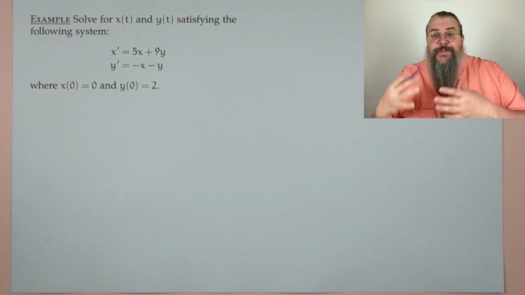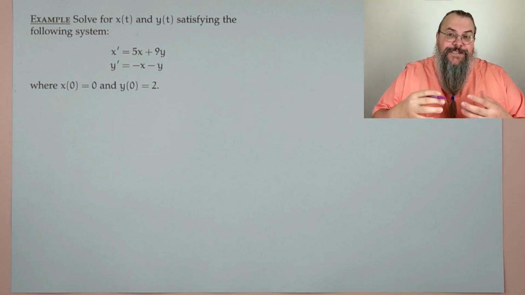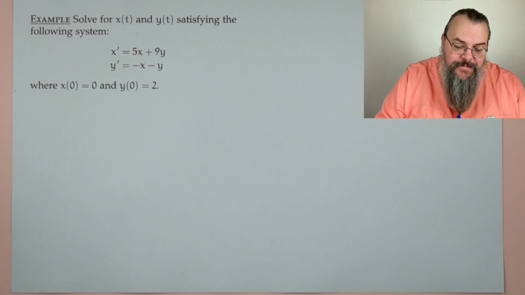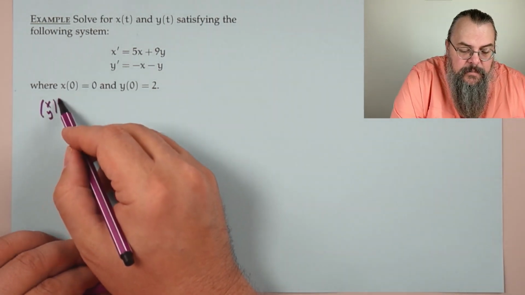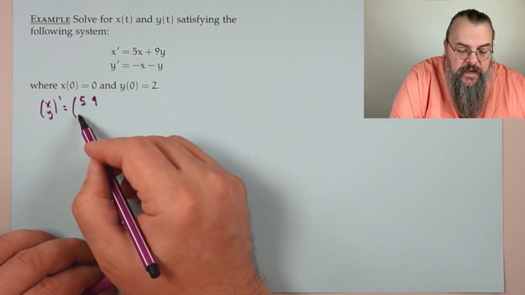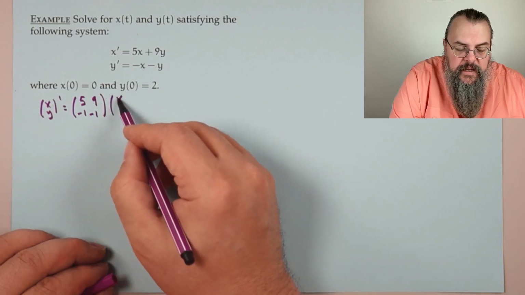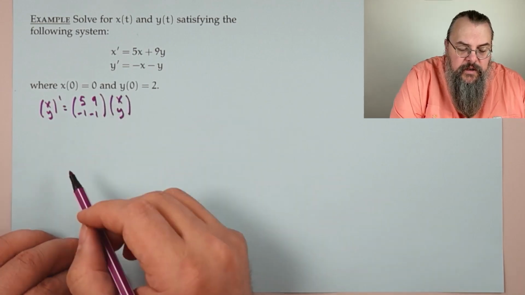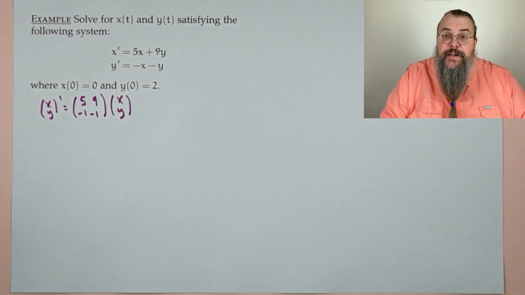Since we've been talking about using our matrix methods, first thing, let's turn this into a matrix problem. We're thinking about this as x, y prime. We'll grab our coefficients, 5, 9, minus 1, minus 1, times x, y. Okay, cool. The x, y, we'll give that a name.